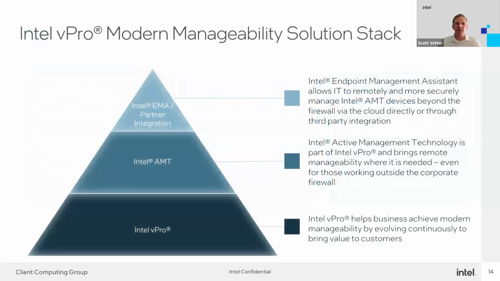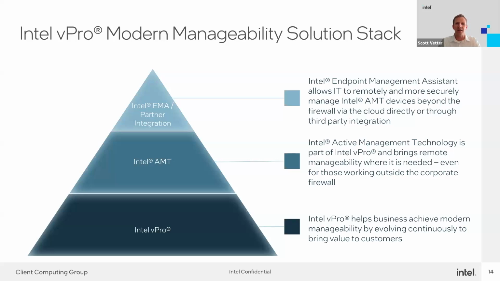Now, if we continue to look at what we consider modern manageability, there really is a solution stack. This is just diving in a little bit deeper from what we were just discussing. And it all begins with the Intel vPro platform. Again, Intel vPro is not just silicon, it's not just a name, it's silicon, it's connectivity, it's hardware, it's software.